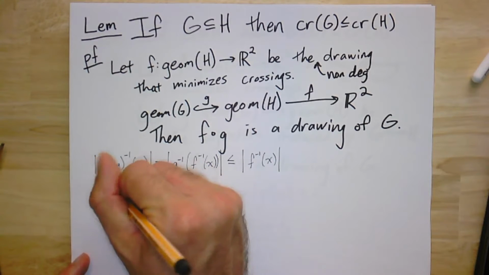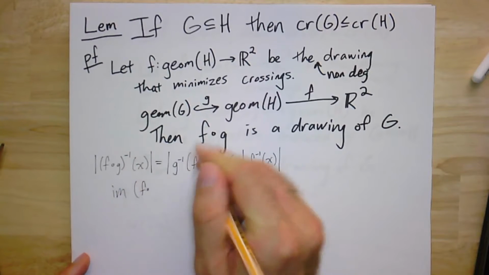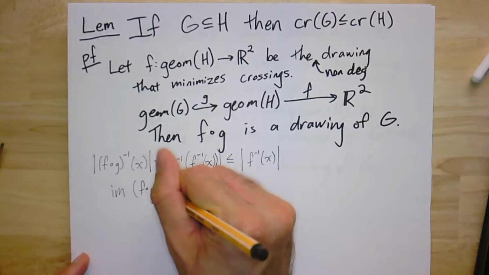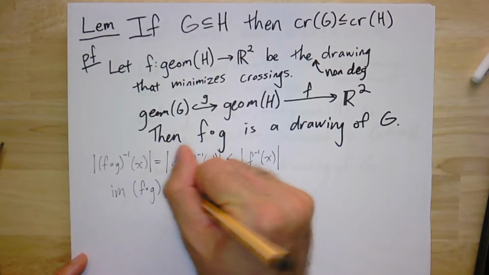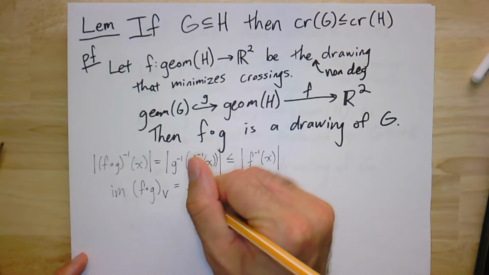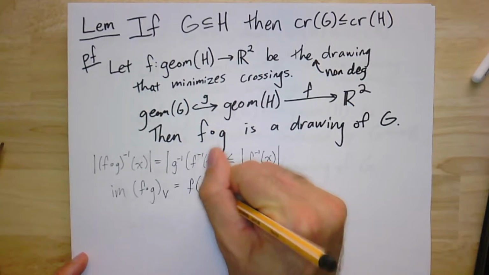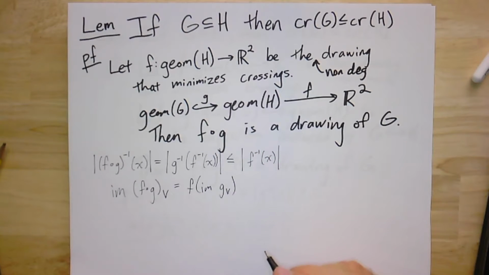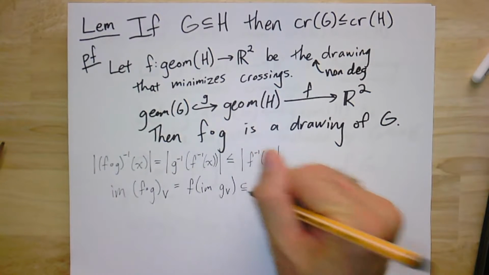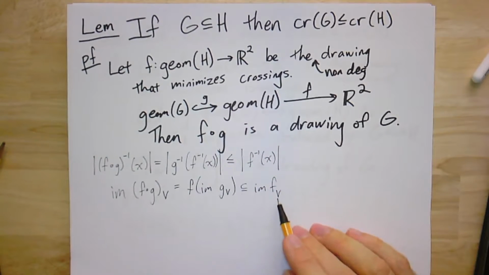Next, if I want to look at the image of this drawing just on the vertices. So (F compose g) restricted to V, by definition, that is F of the image of g on V, which is a subset of the vertices in the original drawing.